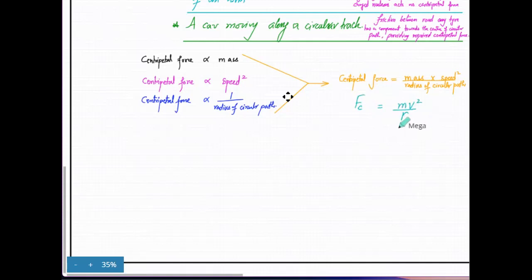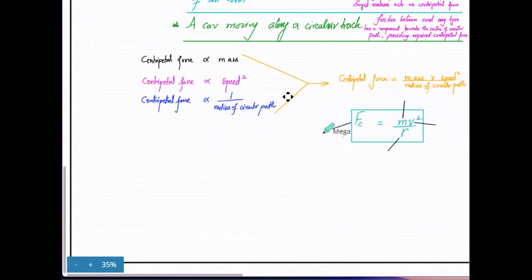Whenever you write a formula in your notes, I recommend that you pay some attention to the required unit for those quantities. What should be the unit for mass? What should be the unit for speed? What should be the unit for radius? And then what will be the unit for force?